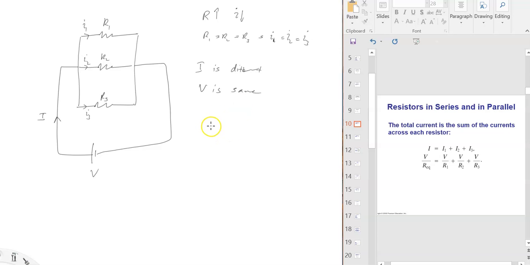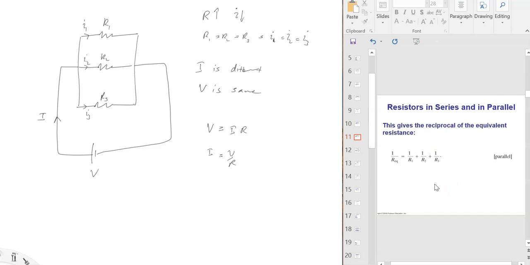So we know that V equals IR, Ohm's law, and we can replace current with V over R. So you replace each current, I1 replaced by V over R1. Voltage is the same for each term. The total current is replaced by voltage over R equivalent. And you see that voltage cancels out. And then it gives you this final equation.